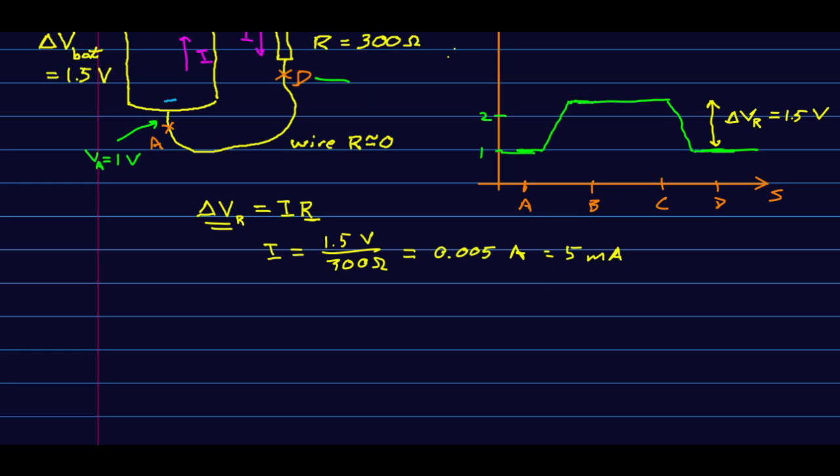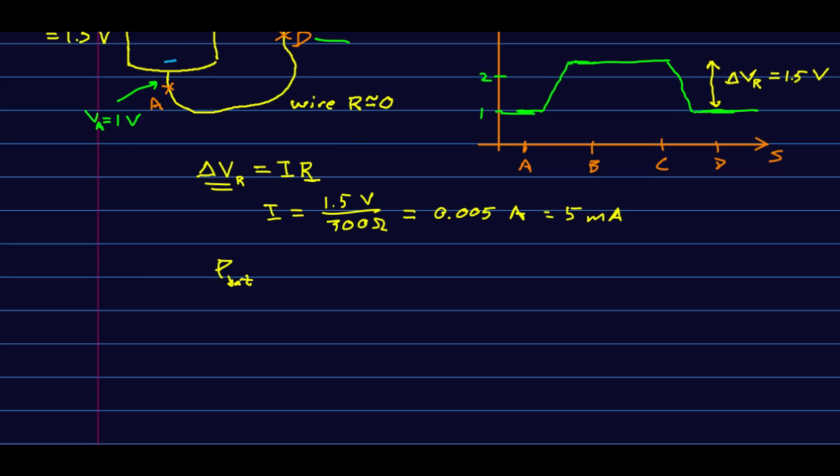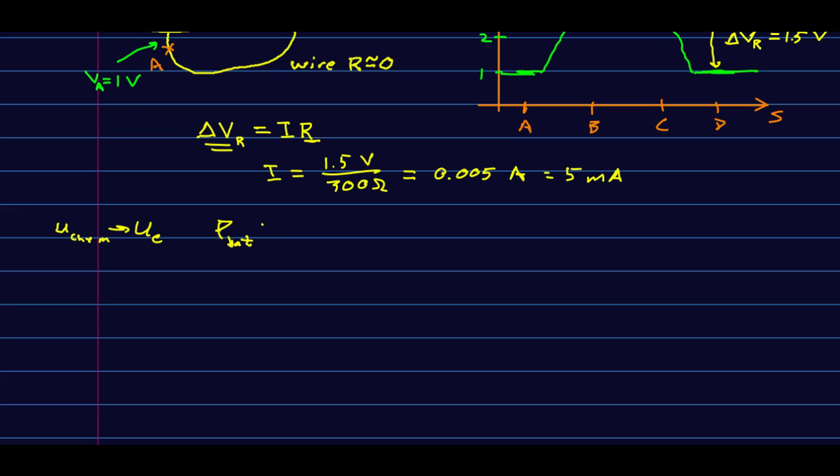Let's come back to our simplest circuit here and talk about power. So we can calculate the power, you'd often hear it described as the power in the battery. So remember, a power is a rate at which energy transformation is occurring. And in a battery, we have chemical energy being transformed into electrical potential energy. And so this P-bat, power in the battery, is talking about the rate at which that occurs.